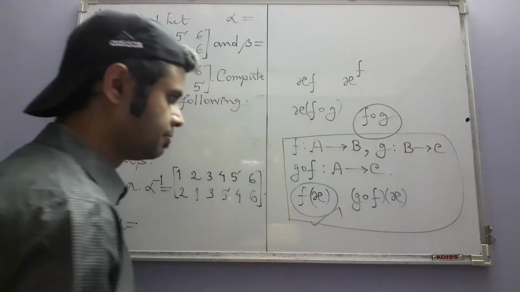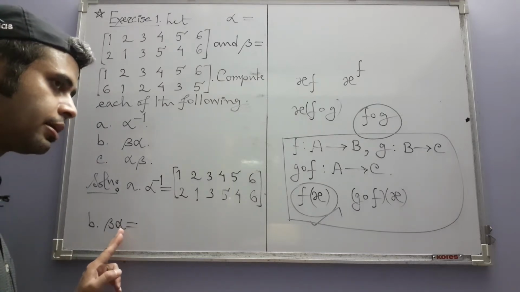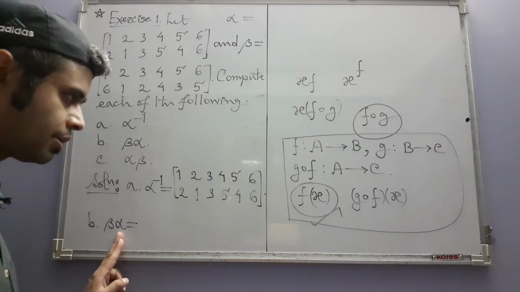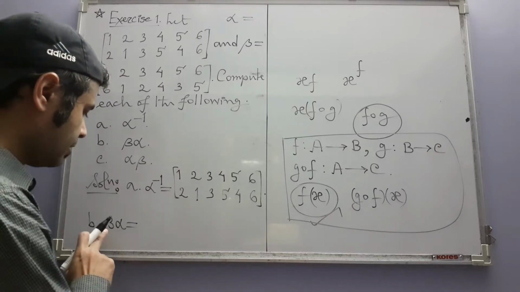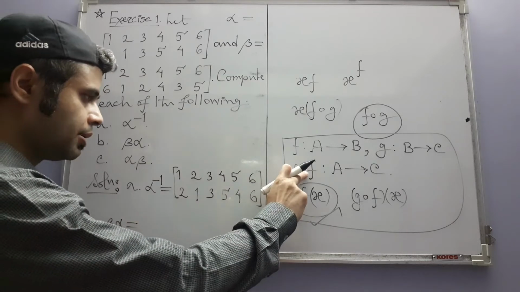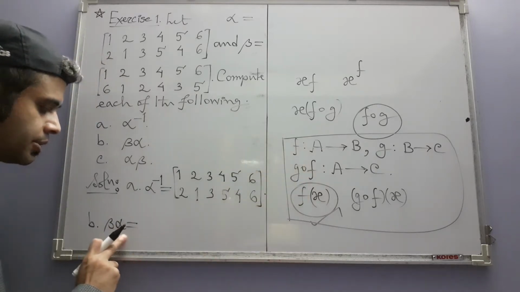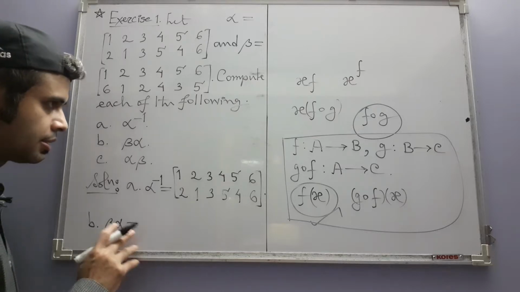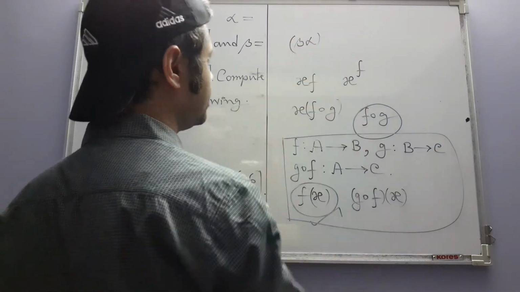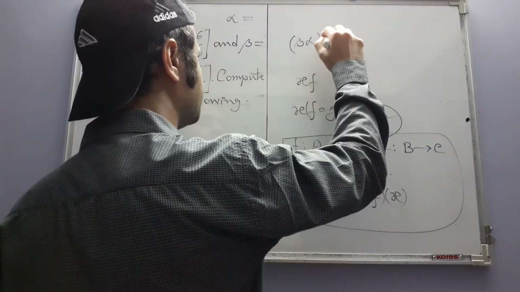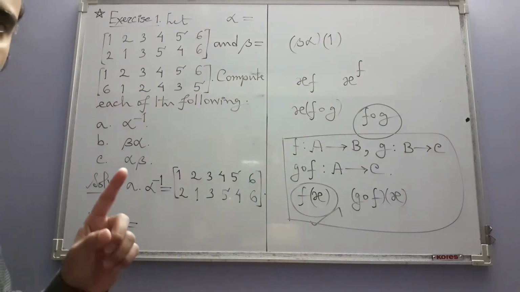So when we are calculating beta alpha, we look at alpha first and then at beta. This is also composition. We are simply not writing the intermediate symbol for composition, and we are just writing the composition as beta alpha for the sake of simplicity. So calculating beta alpha means, for example, you have to calculate beta alpha at say 1.